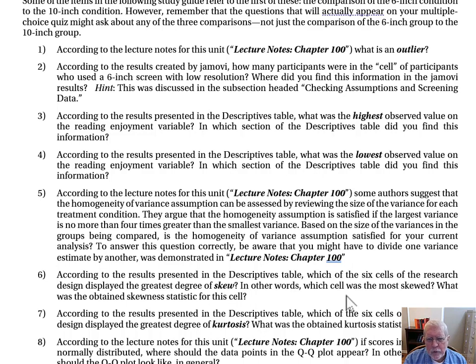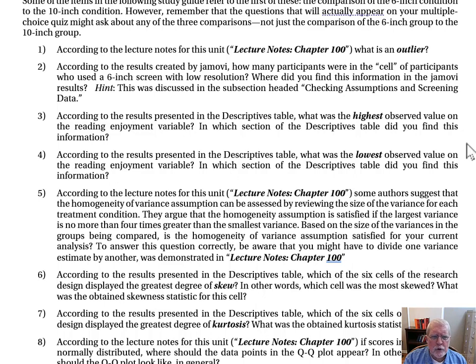In other words, which cell was the most skewed? What was the obtained skewness statistic for this cell? You should be able to answer the questions that appear in the study guide before you take the multiple choice quiz, because you'll see the items in the multiple choice quiz are very, very similar to these items.